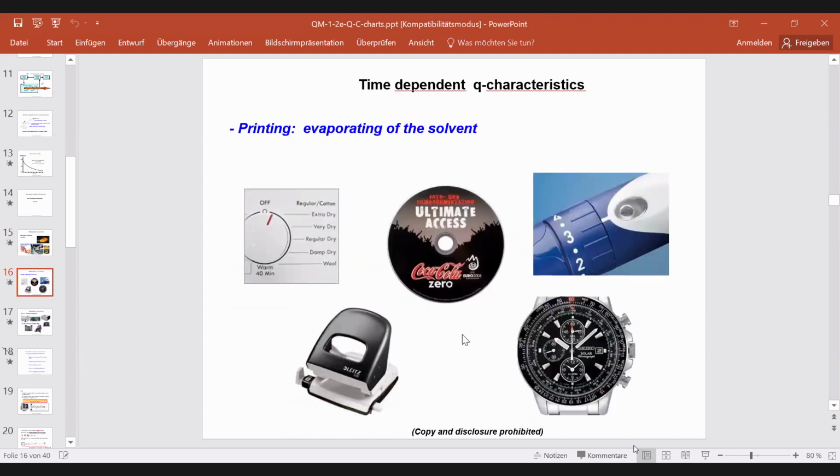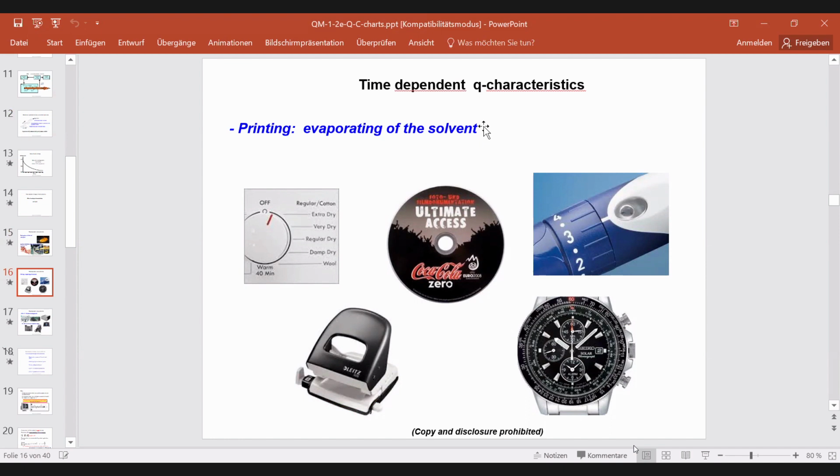Here are some examples. Painted surfaces. In every one of these cases, every time you paint or you print a surface, you have an evaporating of the solvent. And you have to wait until the solvent is completely away. And then you can do a test.